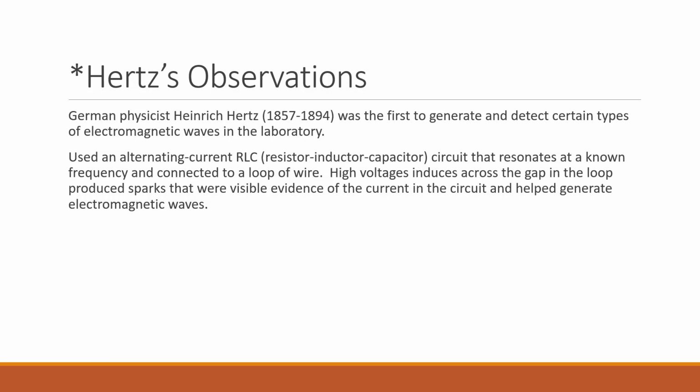What he did is he used an alternating current RLC, resistor inductor capacitor circuit, that resonates at a known frequency and connected to a loop of wire. These high voltages induced across the gap in a loop, and it produced sparks that were visible evidence of the current in the circuit and helped generate electromagnetic waves.